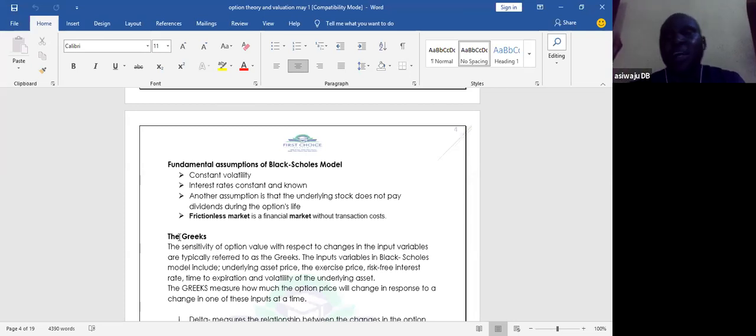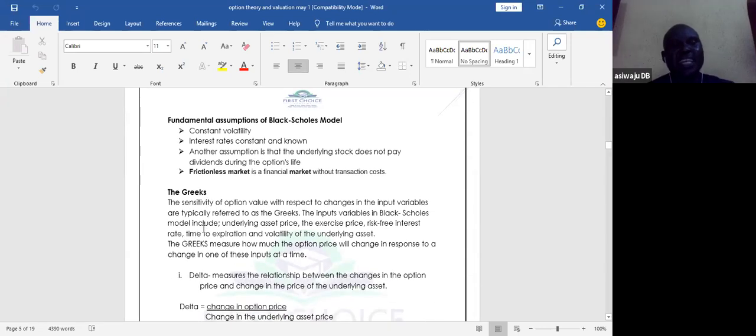Those variables are listed. Now let's look at the Greeks. The Greeks is the measure of the sensitivity of option value with respect to changes in the input variables. It measures a change in option price when there is a change in any of the input variables.